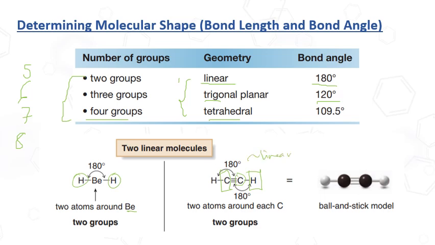And this other carbon here is bonded to hydrogen and another carbon, so two groups separated by 180 degrees. The geometry around that particular carbon is also linear. If you take a look here, that is the ball and stick model of this particular compound, which we call ethine. The naming we will learn later. And it's linear.